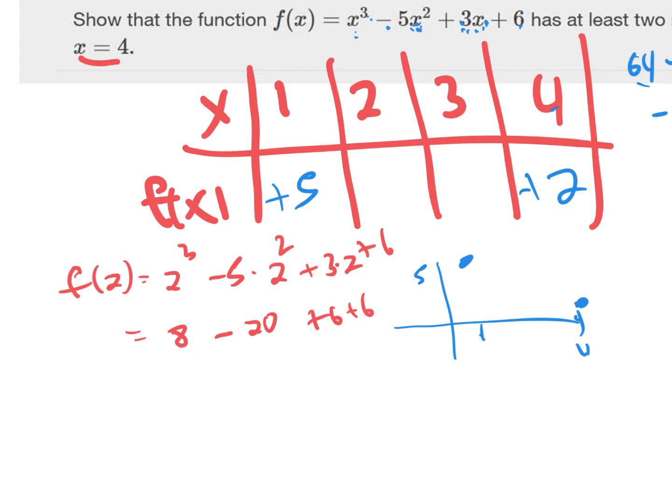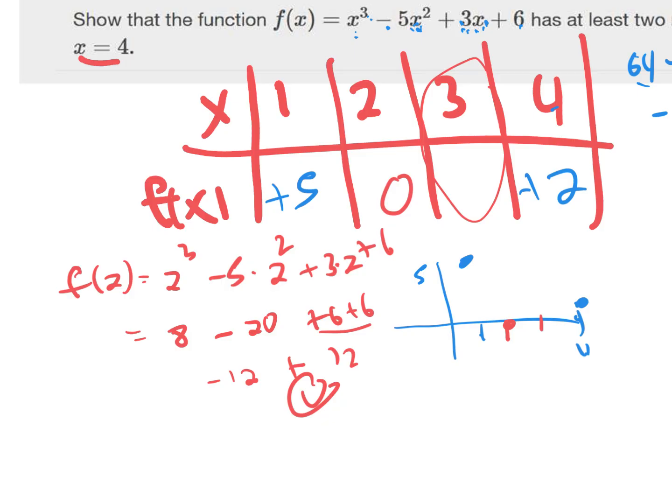That's negative 12, plus 12, 0, 0. So at 2, it goes to 0. Well, that's one of the zeros. Hello, found one.